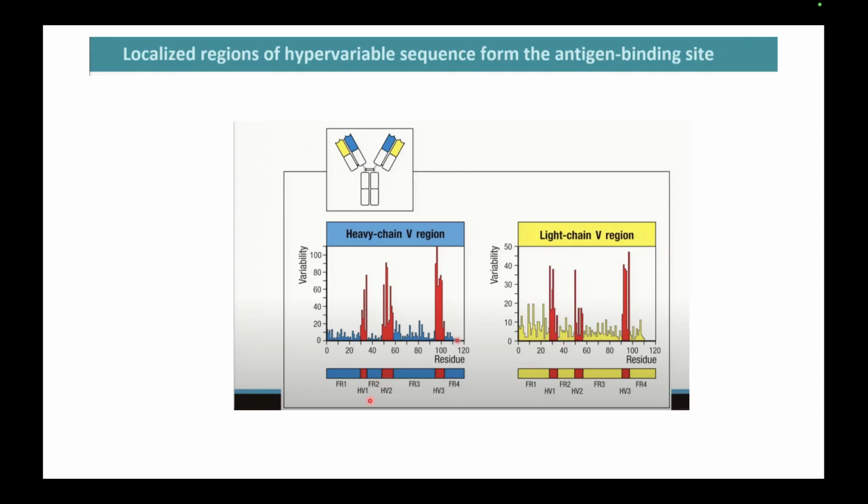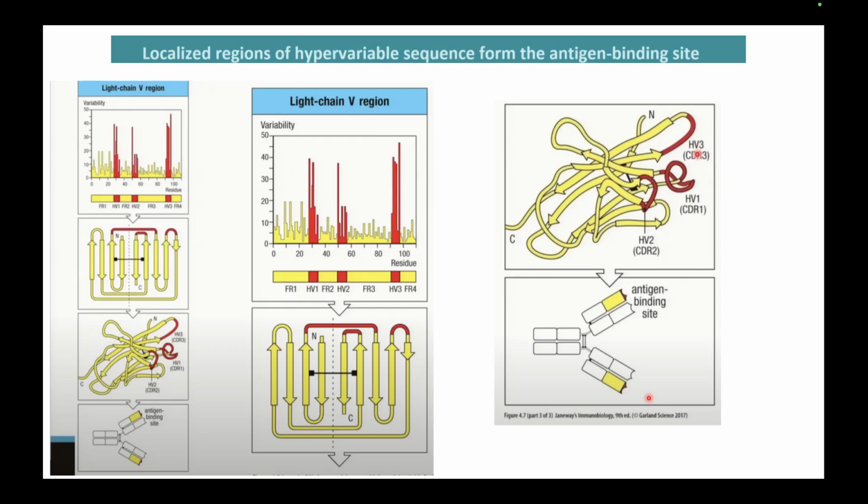They are also referred to as hypervariable regions 1, 2, 3. The same goes for the light chain.